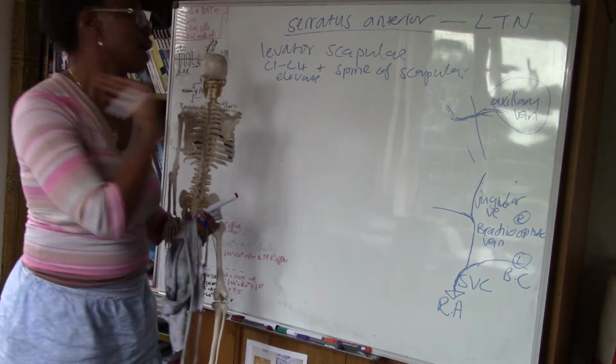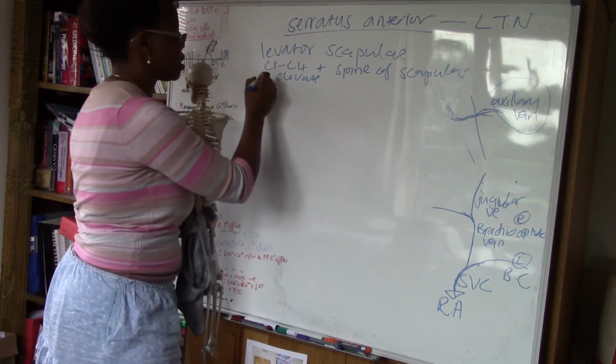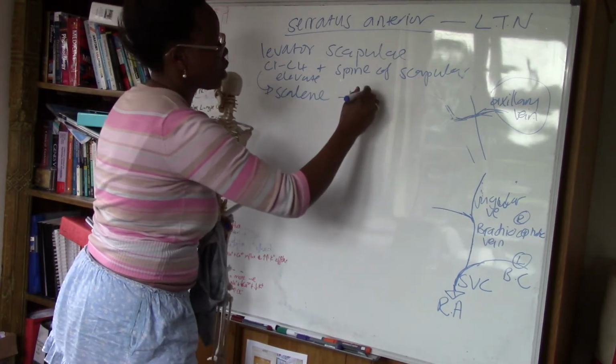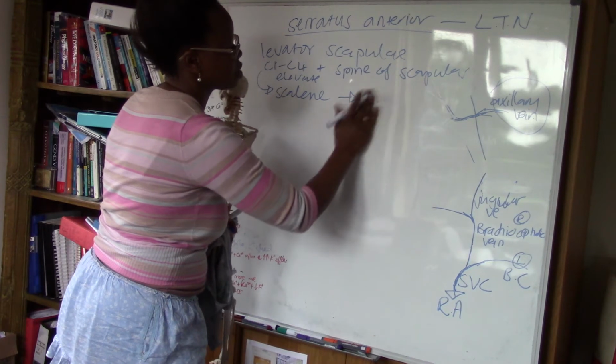So they run near the scalene muscles. If we remember the scalene muscles, which we use for labored breathing, are accessory muscles for breathing.